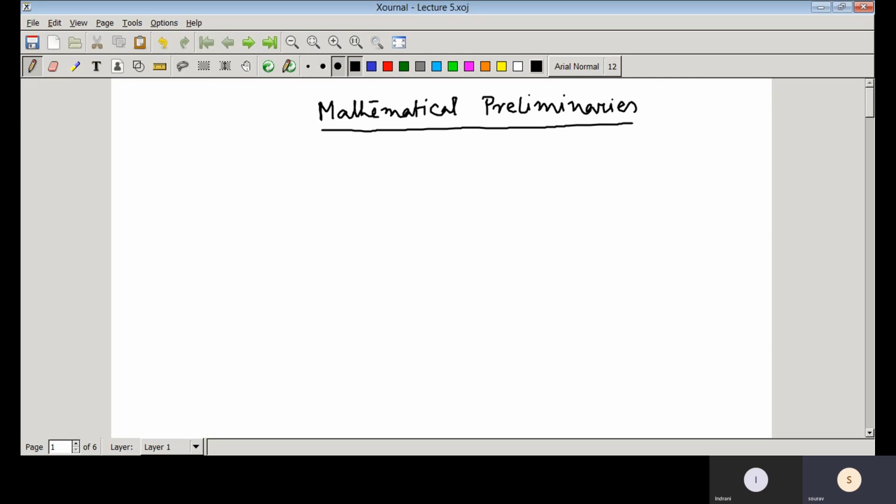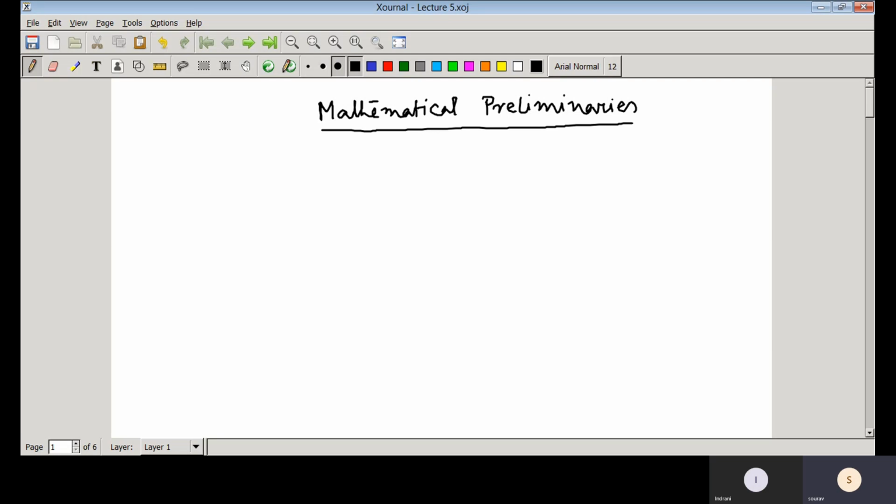Today we discuss the function of a complex variable, then analytic function, pole and zero of a function. I'll be giving you all the formal definitions of these.